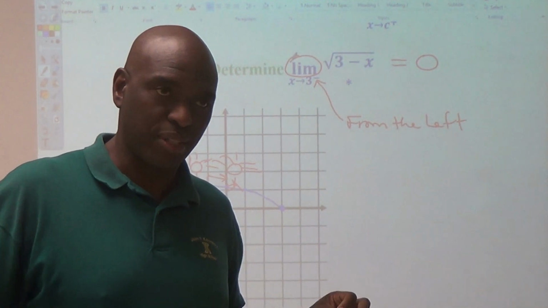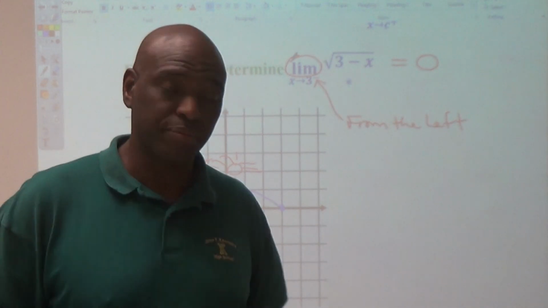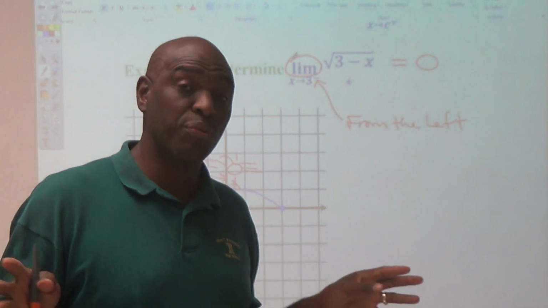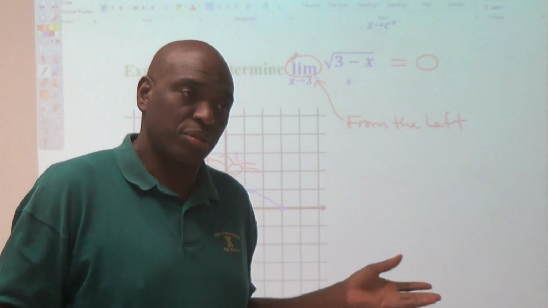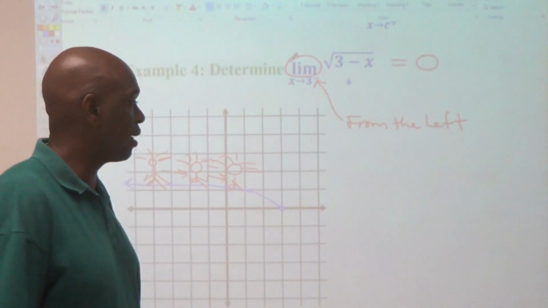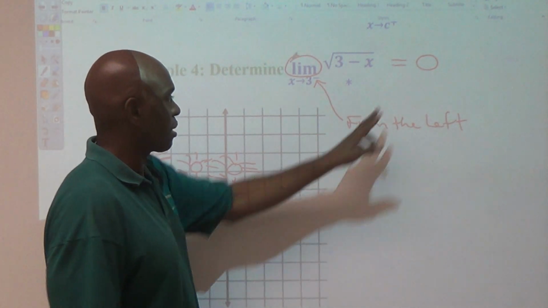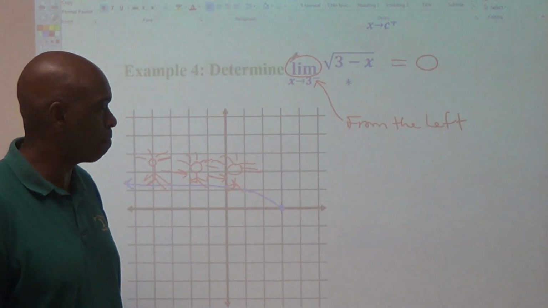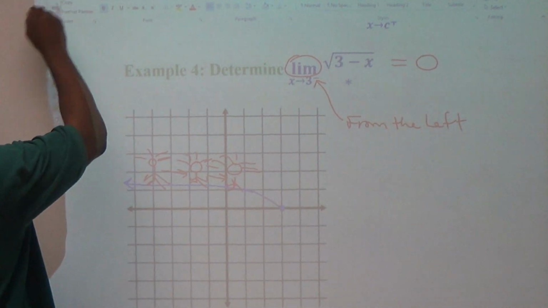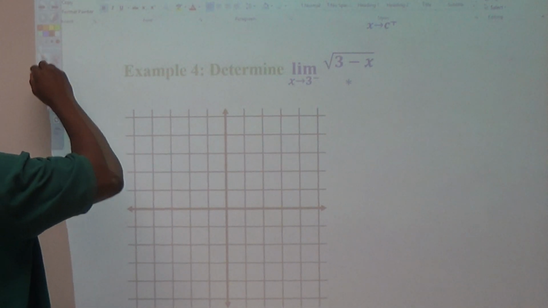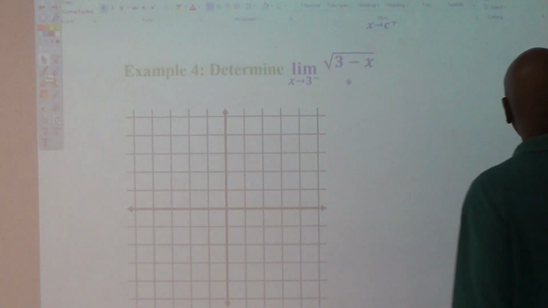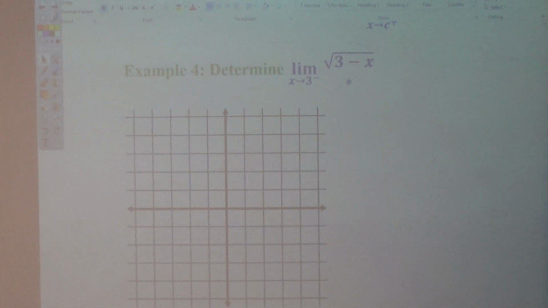Unless it answers like infinity or doesn't exist, but if there's a value for the limit, it's the y value. And the y value here is 0. So that's our answer. Okay? All right, let's go.